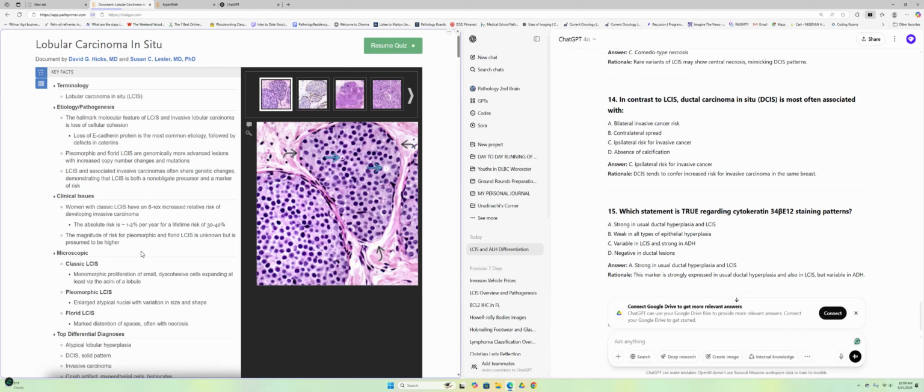Like, neoplastic, discohesive neoplastic cells, suggestive of LCIS. However, these cells cannot be ruled out. Defer to permanent section. You see that kind of tricky, legalistic way of wriggling out of something.